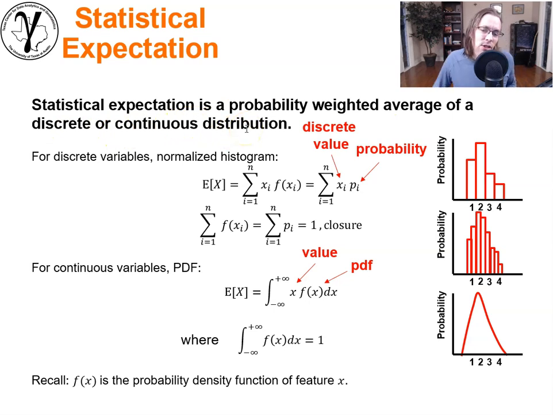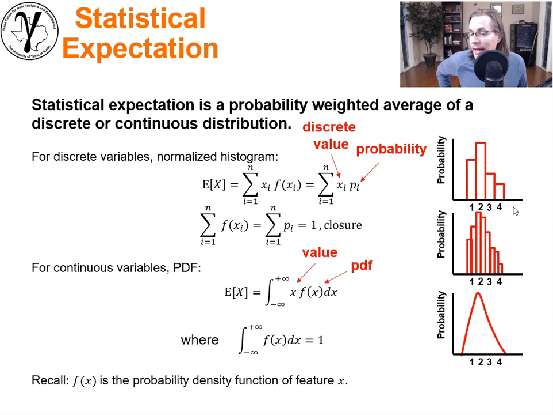Now, for the discrete distribution, it's actually very straightforward. Imagine a normalized histogram. So we have a histogram over here. It could be an actual categorical variable which only has classes 1, 2, 3, and 4 that are ordinal. They have some type of ordering relationship, so it could make sense to calculate an expectation of them.